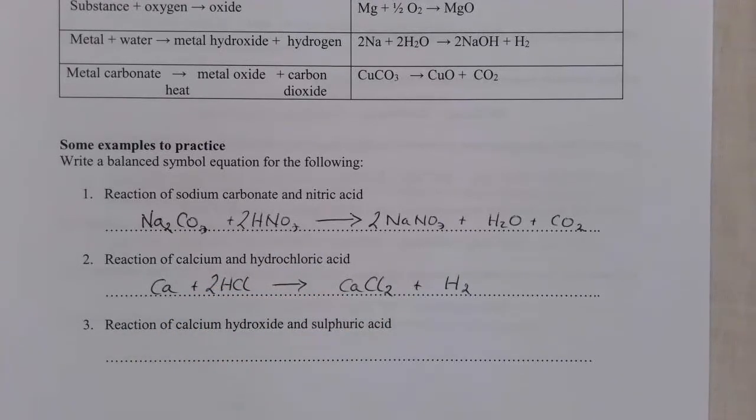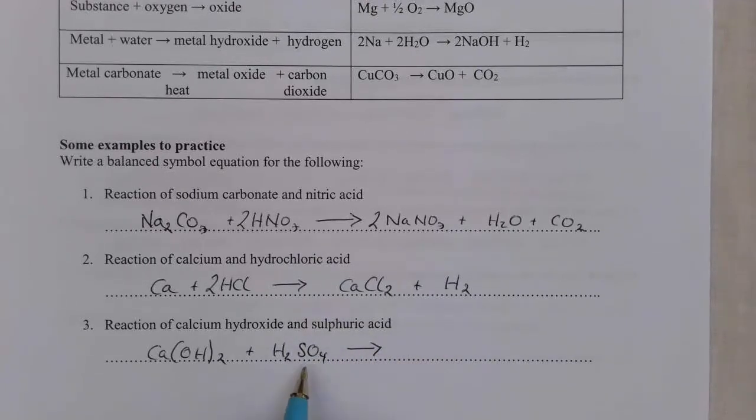Last but not least, calcium hydroxide and sulfuric acid. So I've got calcium hydroxide, Ca(OH)2. Notice the OH goes in brackets because I've got 2 of these polyatomic ions, plus H2SO4. Again, notice the SO4 does not go in brackets because I've only got 1 of them.